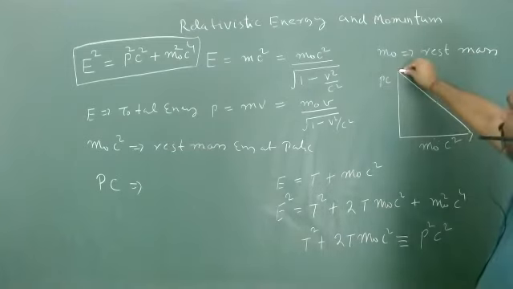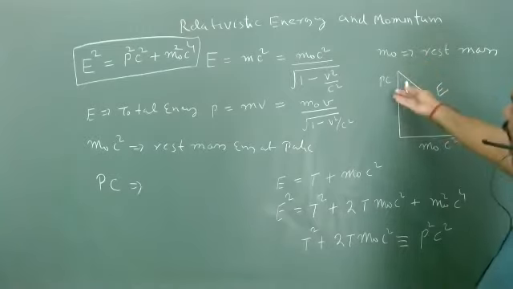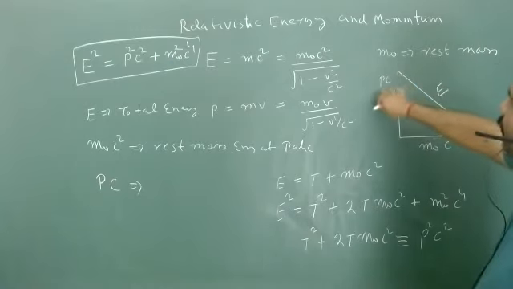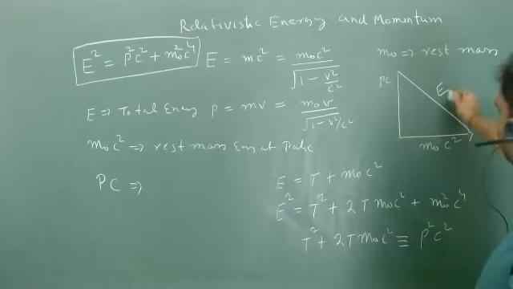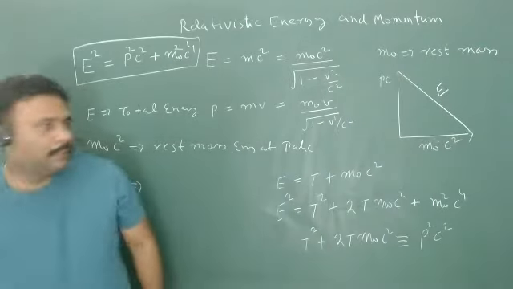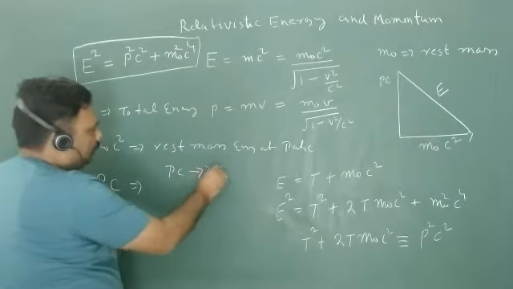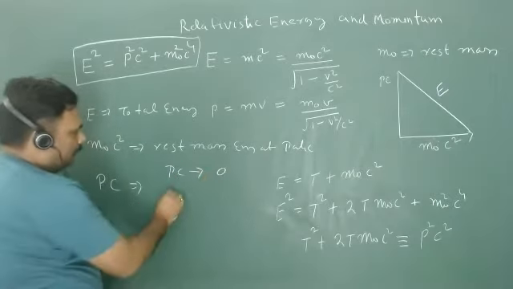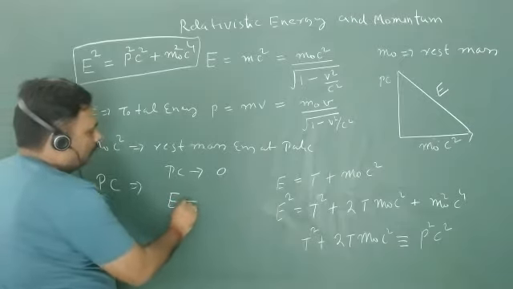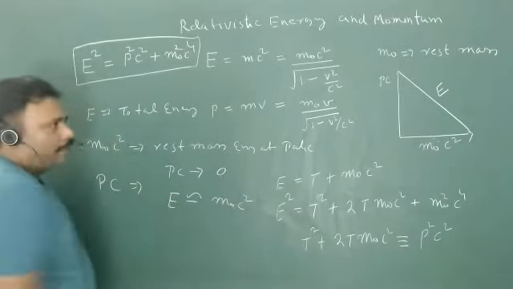If I reduce the momentum of a particle, and say that the momentum tends to 0, that is, PC tends to 0, then can I claim that my total energy is equivalent to m naught c square?